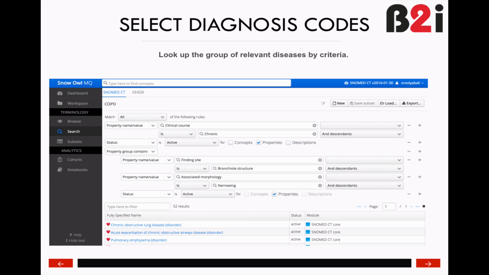Instead of having to look up all these disorders manually, you can define a semantic search criteria where you're retrieving all diseases that have similar attributes to COPD. So in this case, you're looking up chronic diseases that are located in the bronchial structure and that are associated with a morphological abnormality of some sort of narrowing. So this is how you get the list of diseases that you'd like to match your patient records against.